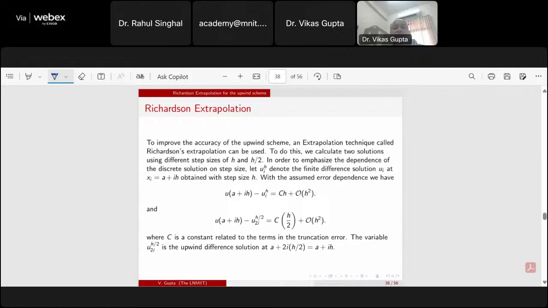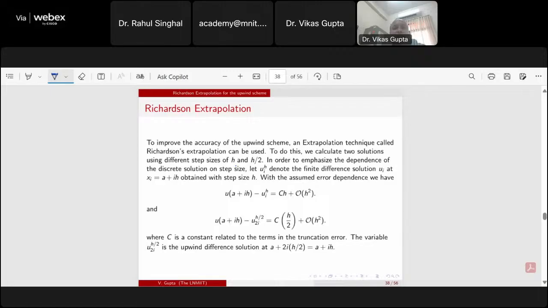In the Richardson extrapolation approach, we find two solutions with the same scheme using different step sizes, h and h by 2. In our case, we apply the upwind finite difference scheme to get two different solutions with step sizes h and h by 2.